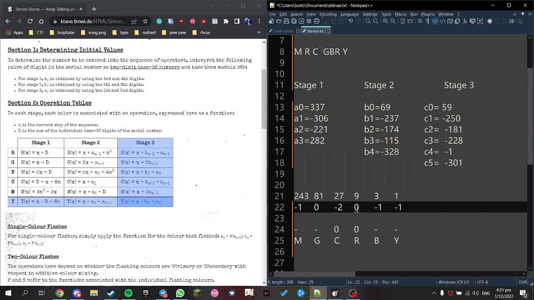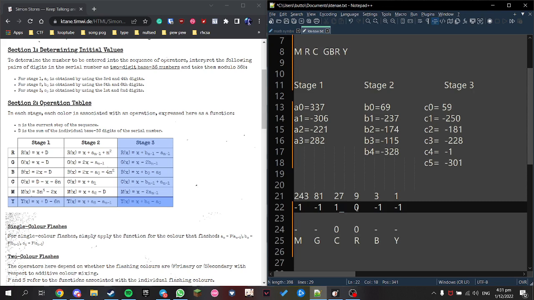So if I'm not wrong, right? Wait. I think it's like this. 243 minus 81 plus 27.